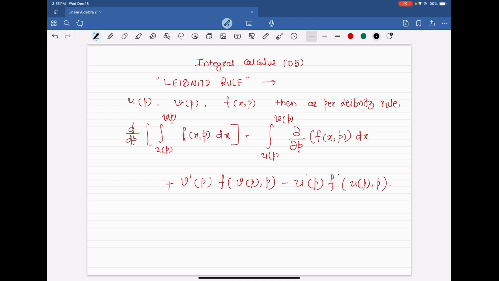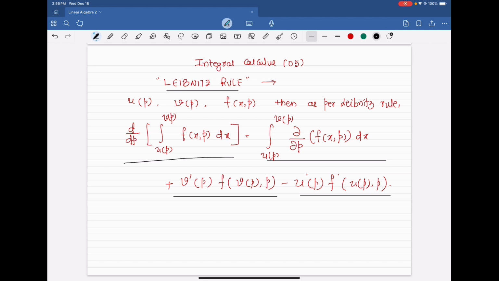Please try to understand each and every item of this Leibniz rule, because any mistake in understanding the limits, the differentiation or the integration will lead to wrong answers.